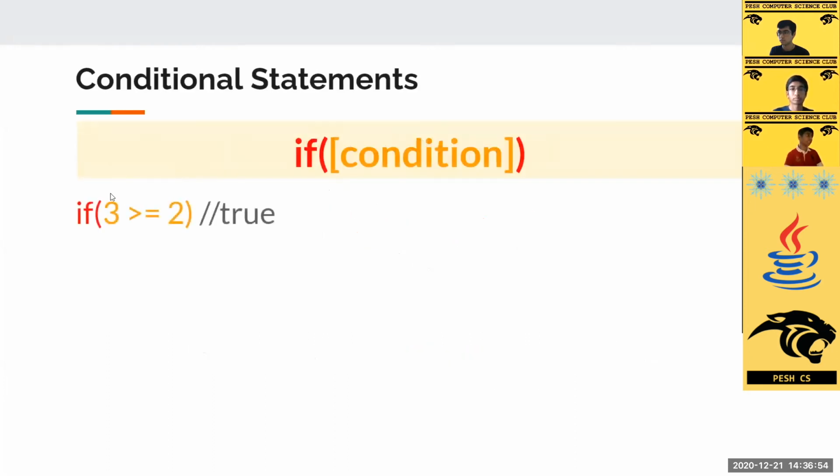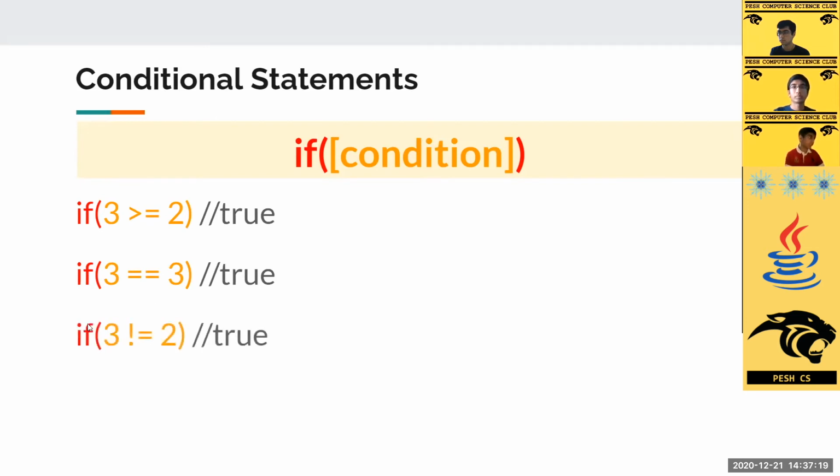An example of using conditional statements with numbers is, let's say, if 3 is greater than or equal to 2, and this is true. If 3 is equal to 3, equals here is like the equal sign in math. Is 3 equal to 3? That is true.